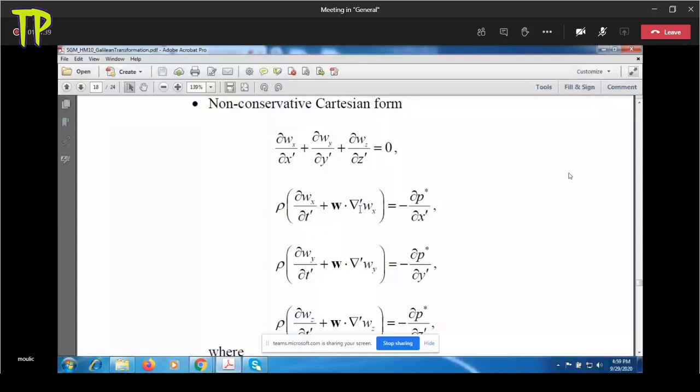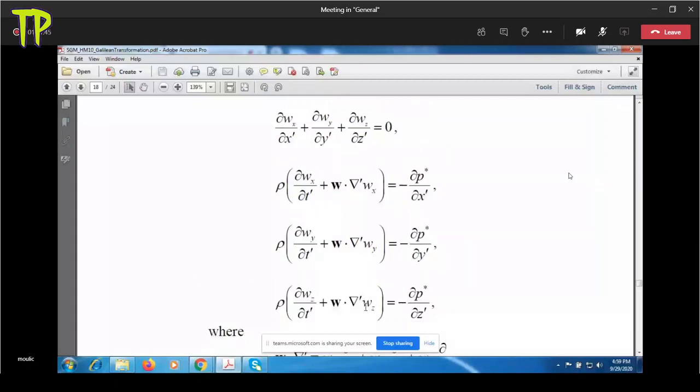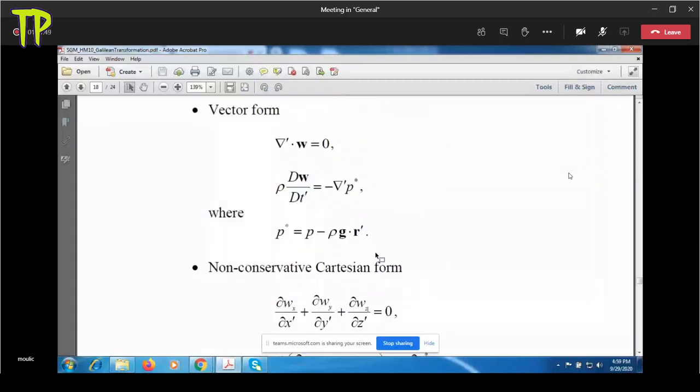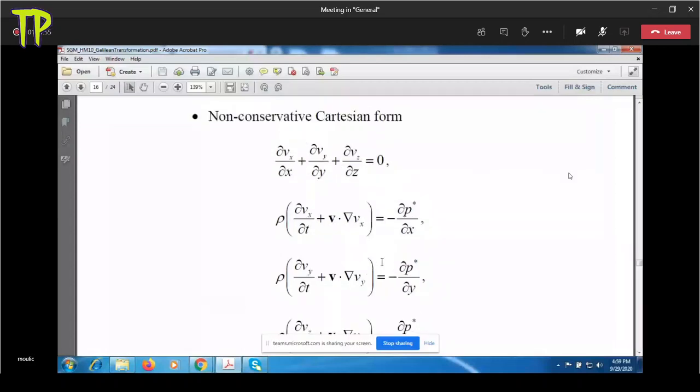Okay. So if we compare these equations, again you will have 4 unknowns and 4 equations. The form of these equations is similar to the form of these equations. The only difference is now that instead of t, you have t prime. Instead of x, you have x prime.